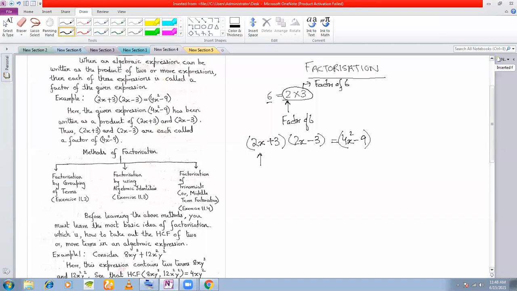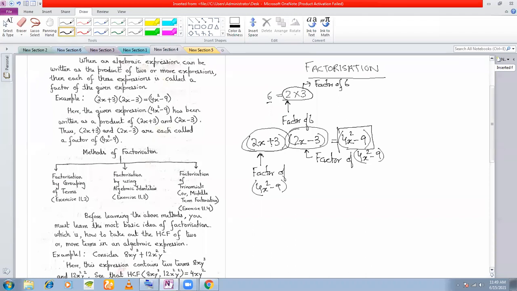Here, this is called a factor of 4x square minus 9. And here, this is also a factor of 4x square minus 9. So this expression has two factors. This has one factor and this has the other factor.